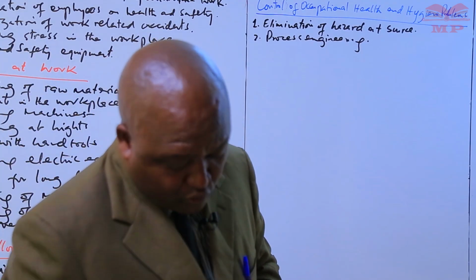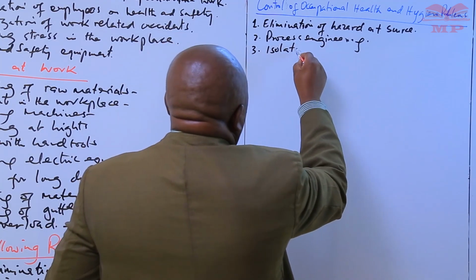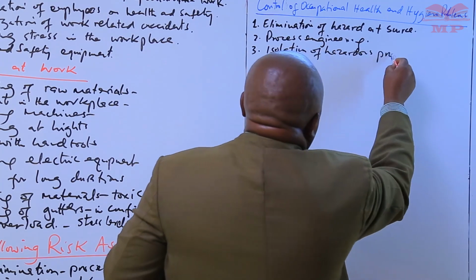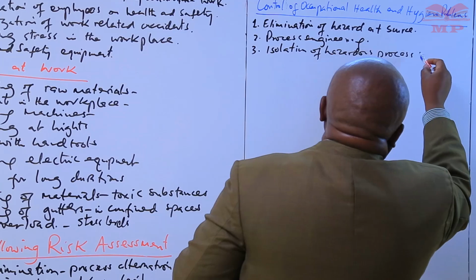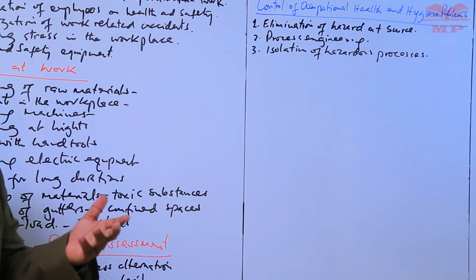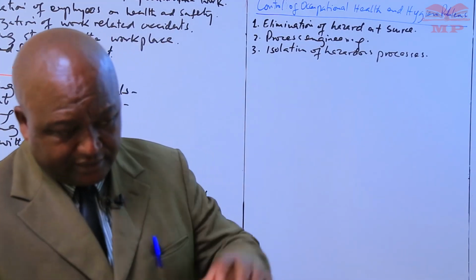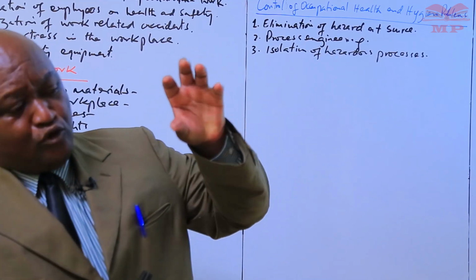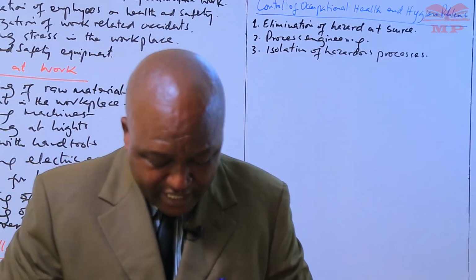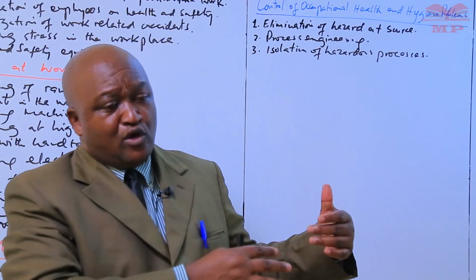And then you have what you call isolation of hazardous processes. You might, for example, dear learner, go to maybe a hospital, and what they do, if let's say the X-ray and imaging areas are risky areas, so it means you must isolate those wards that deal with issues to do with imaging and X-ray in environments where employees or patients cannot come into contact.